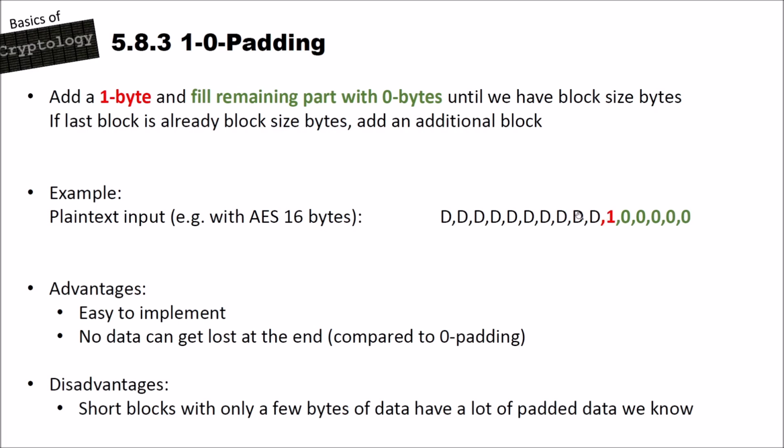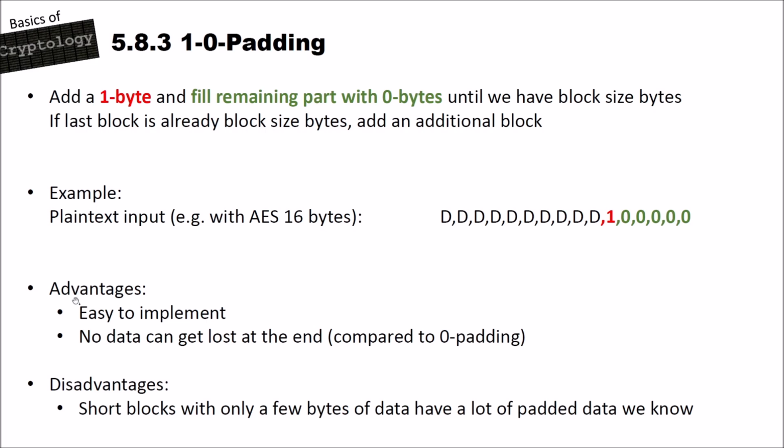And when we want to decrypt, we decrypt the last block, and then we remove zeros from the end until we reach the 1. And if we have a complete block of data, then the 1 would stand at the beginning of the last block and we only had zeros here.